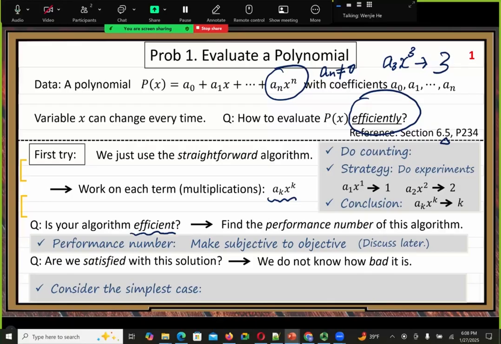So our next question: can we do the previous computation slightly differently? That's something we want to figure out. Can we do something slightly different? Because we want to explore the chance.